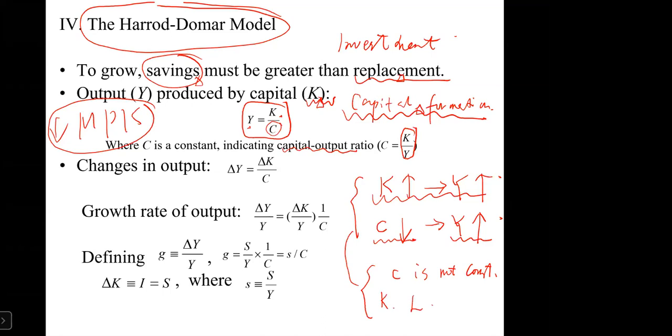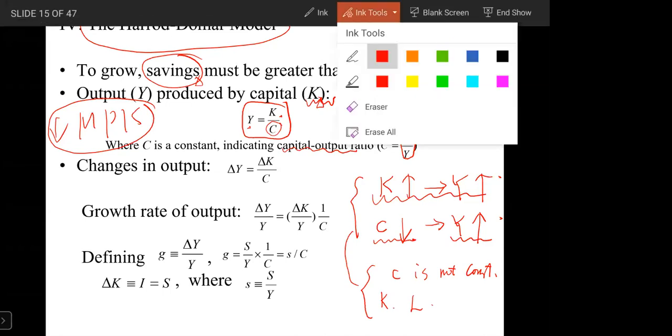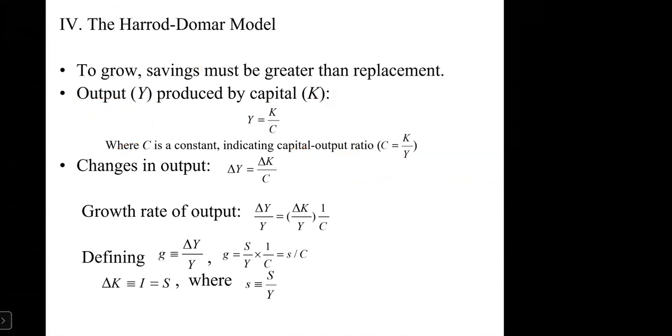Now let's finish this model. So we can do some algebra. The change in output is defined here, because C is a constant, so the change in output only comes from the change in capital. The growth rate is defined by the change in output divided by output. With this algebra we're going to get this.